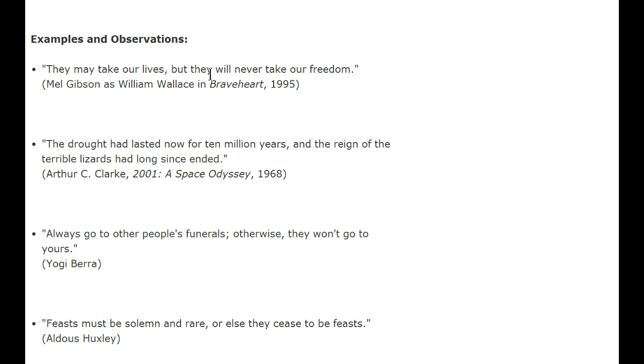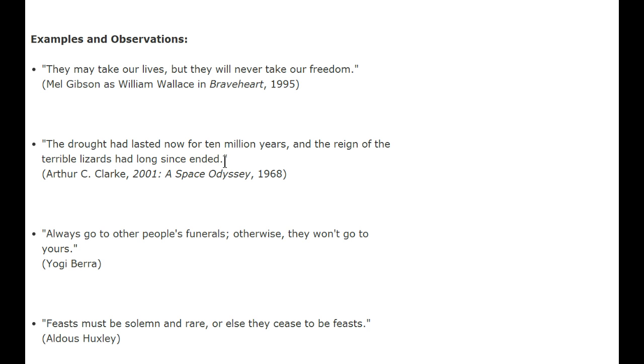We're talking about lives and freedom, which are very similar, and we can tie those two together. Continue. The drought had lasted now for 10 million years, and the reign of the terrible lizards had long since ended.